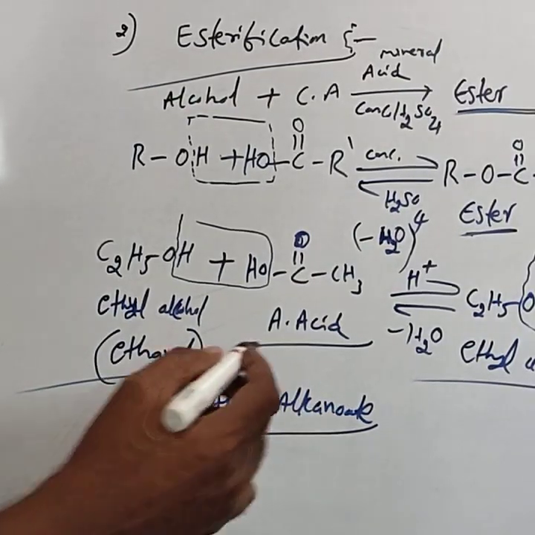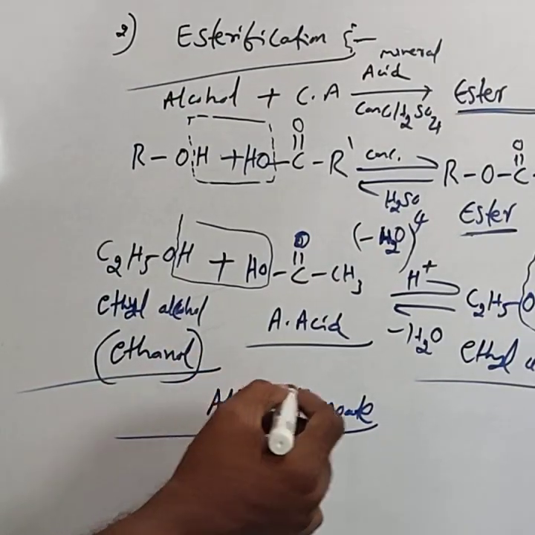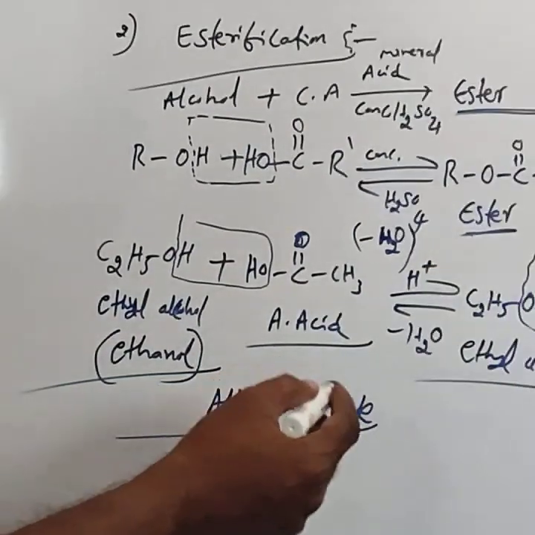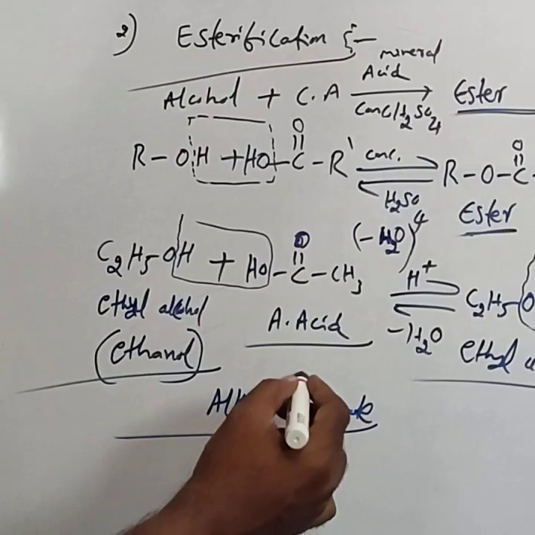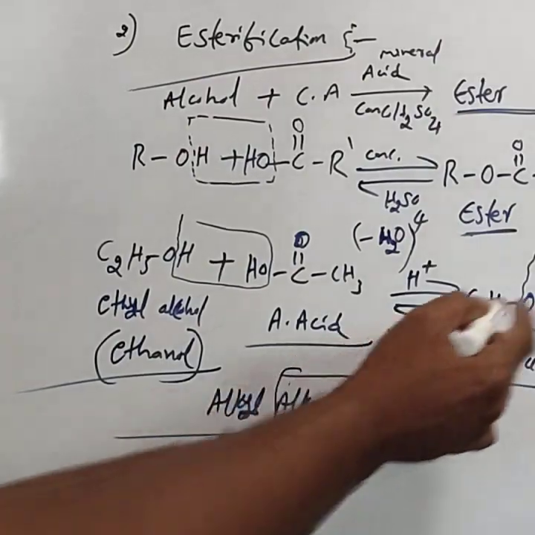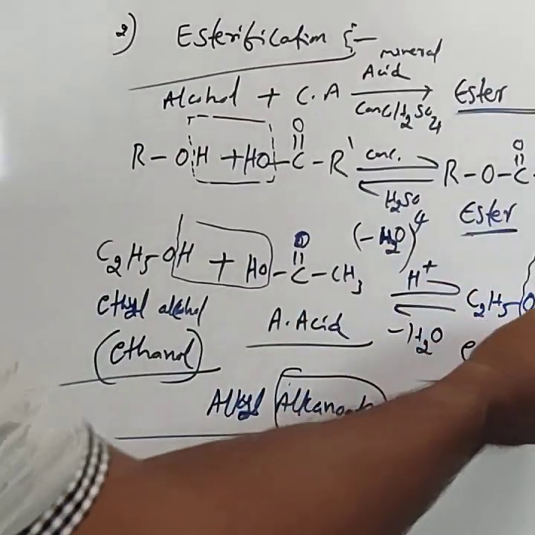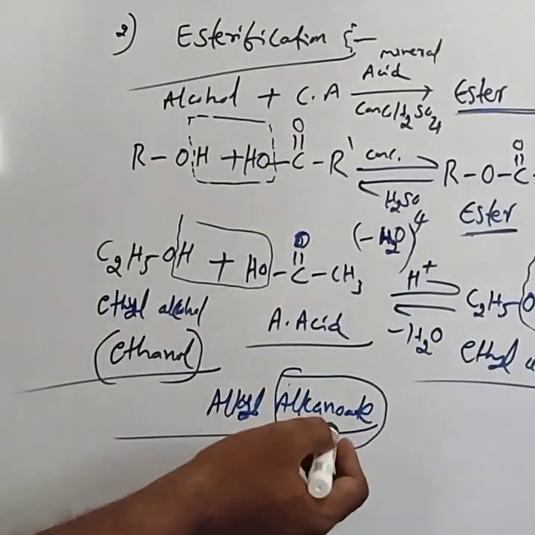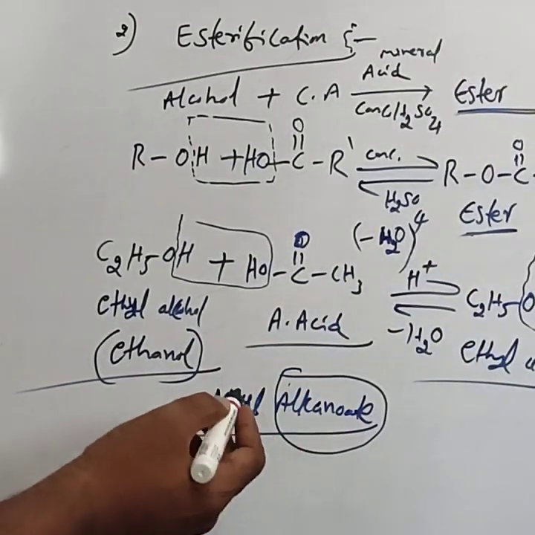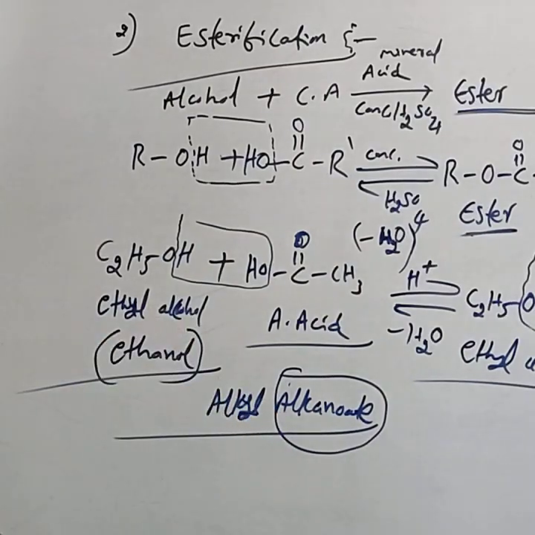While naming an ester, we always use alkyl alkanoate. The alkanoate belongs to the COO group, the COO bonded to the methyl or alkyl group. It is considered as an alkanoate, then the remaining one as the alkyl.